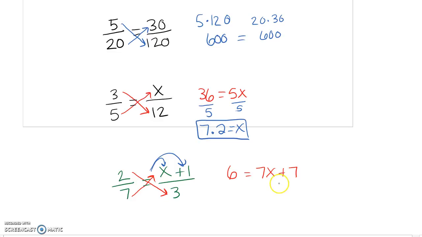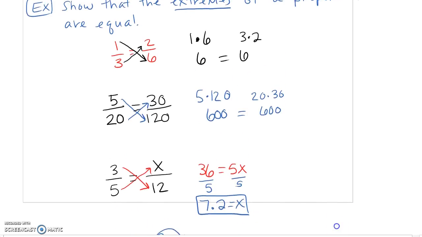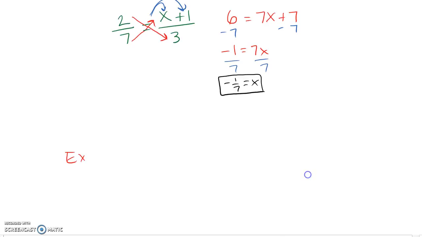From here, solve it out and subtract 7. So negative 1 equals 7x. Divide by 7, which gives me negative 1/7 for x. Okay, so those are proportions. Not only are the extremes true, there's a nice box on page, I think it's 417. It's a yellow box.